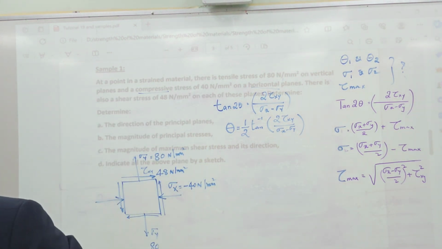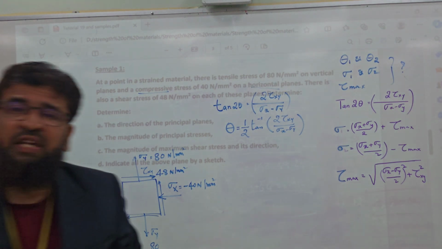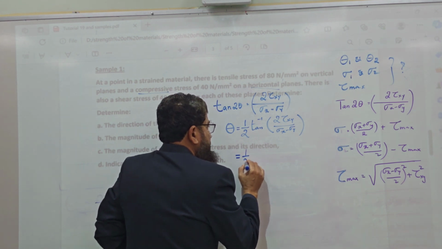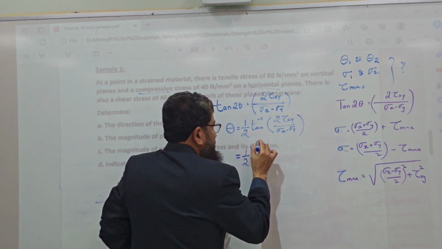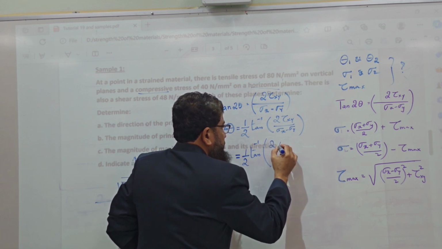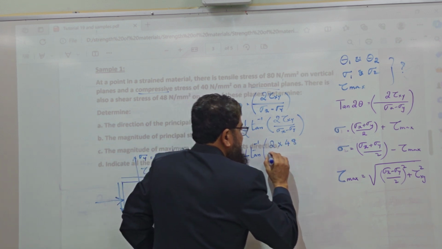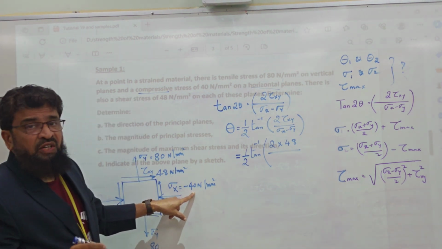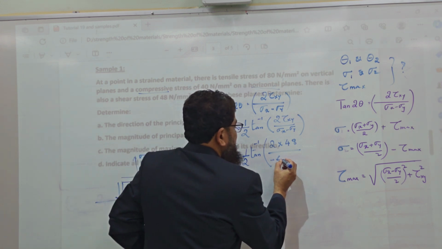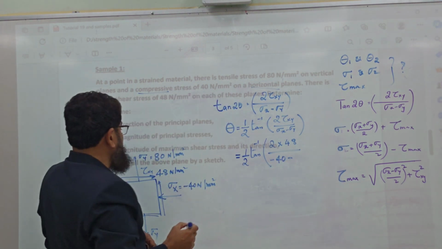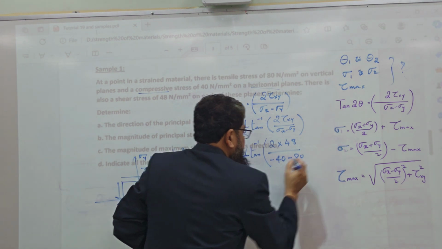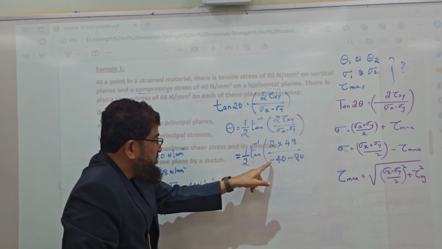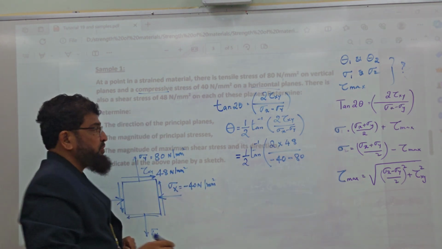Because here sigma x is negative sign, is it not? You have to be careful about that. So I will write it as what? Half tan inverse of 2 into 48 divided by sigma x is how much? Minus 40, okay? Minus 40 minus, this minus is from the formula. See here, this minus is there, this minus is from the formula. This minus has come because sigma x is compressive, okay?